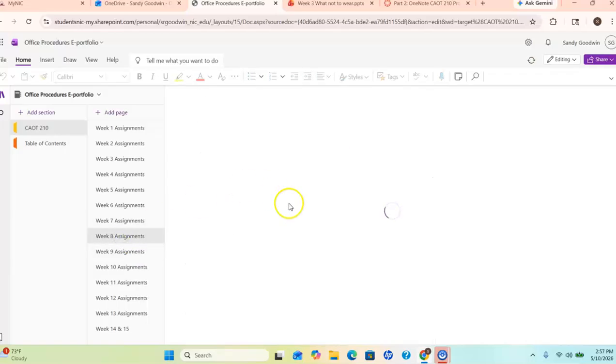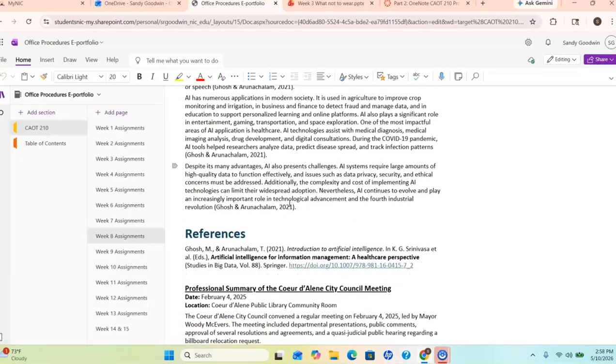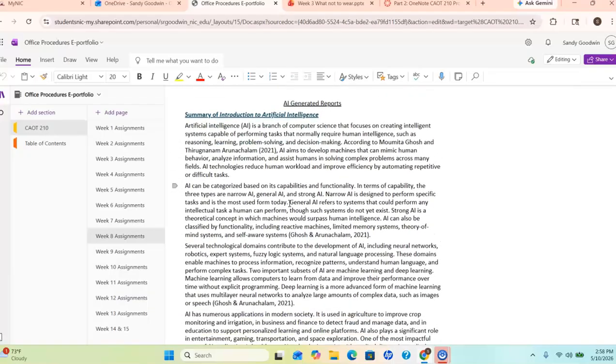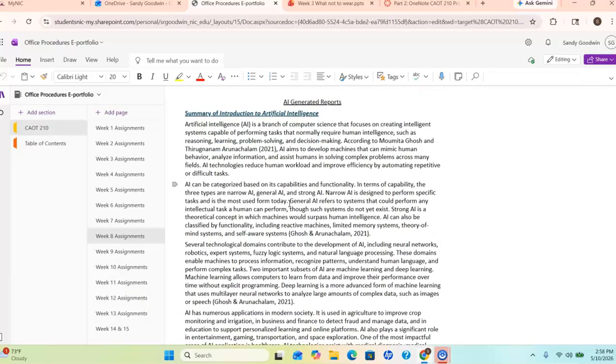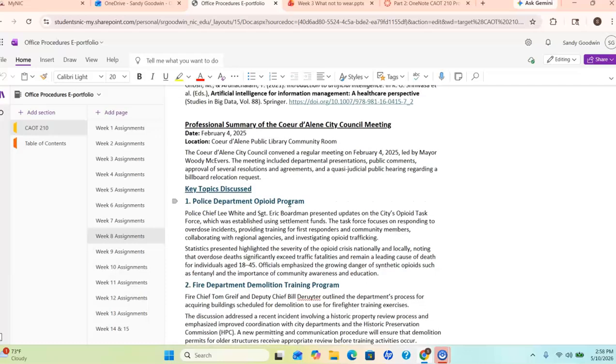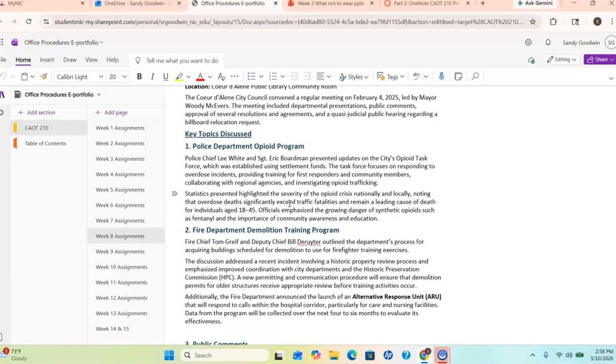Okay, here we'll work into our week 8. This is where we got to play with AI and how it can change the office setting. So that was a fun project too.